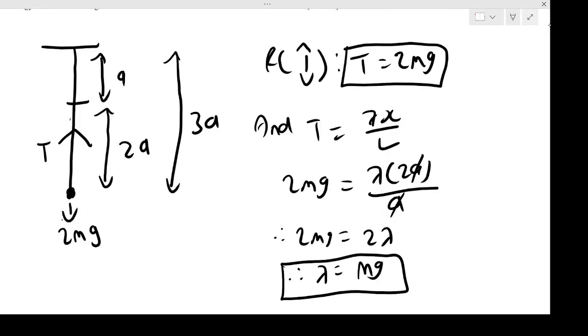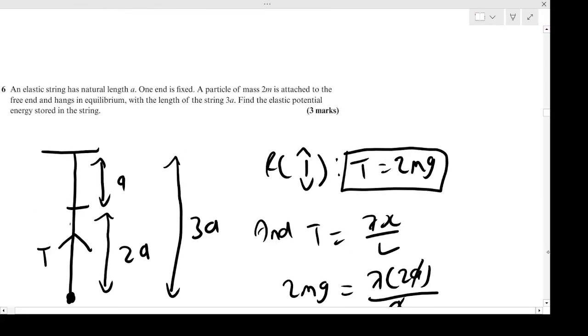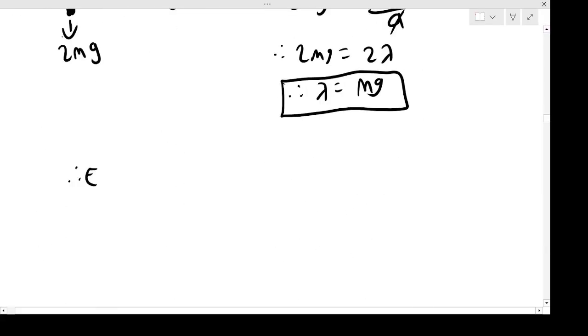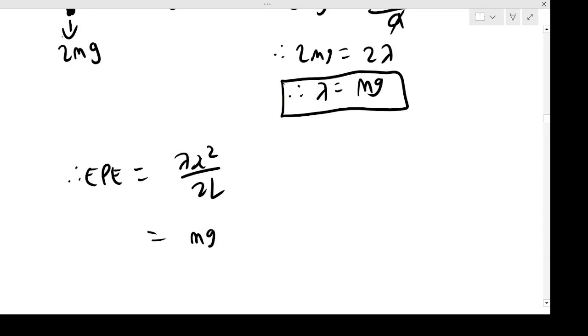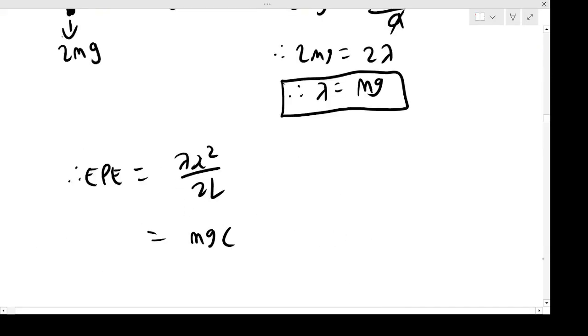So then my elastic energy, my EPE, is going to be lambda x squared over 2L. Lambda is mg times my extension, which is 2a, all squared, divided by 2 lots of the natural length a.